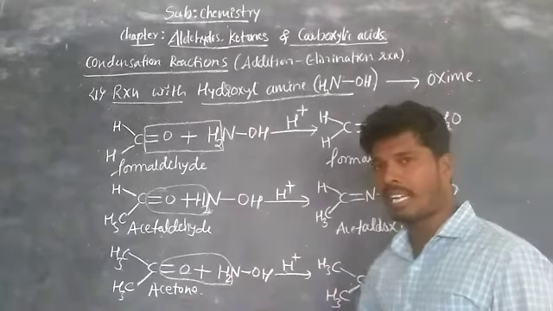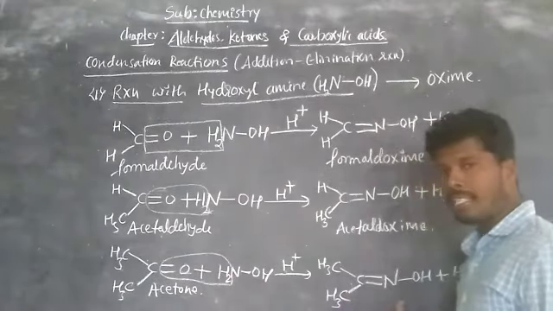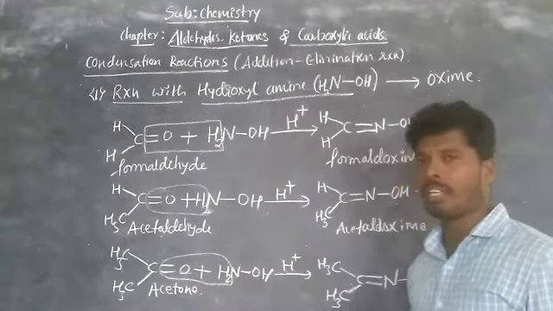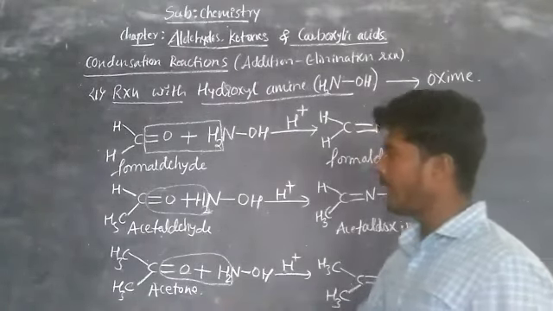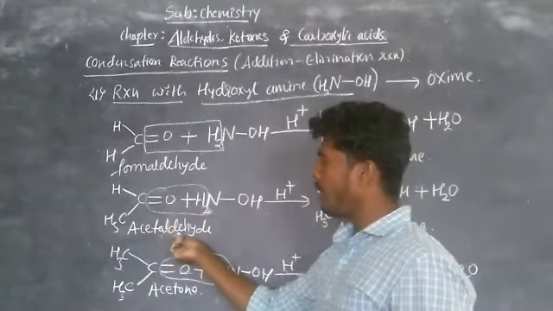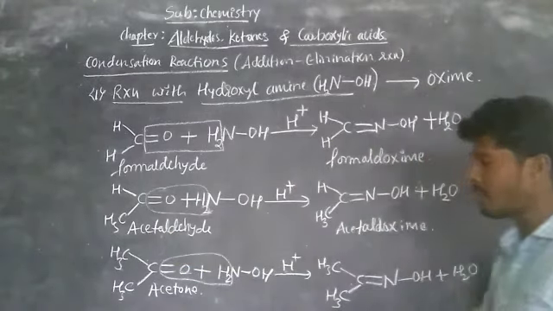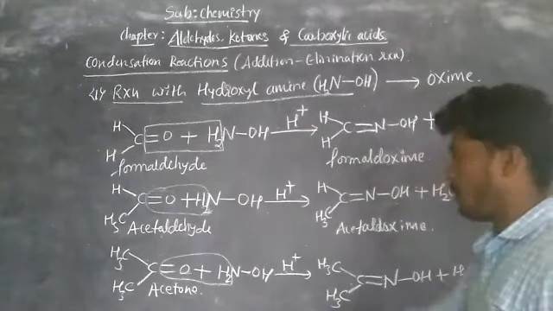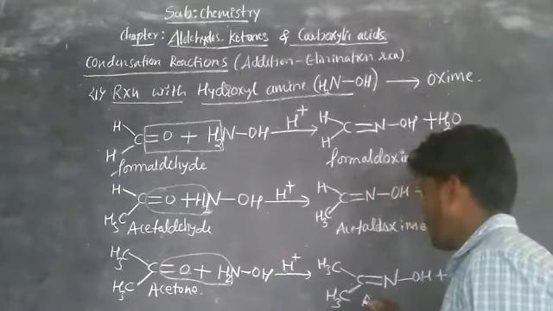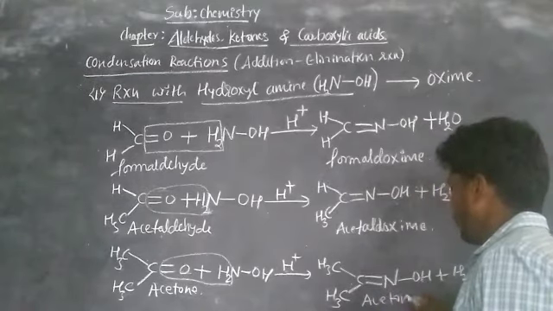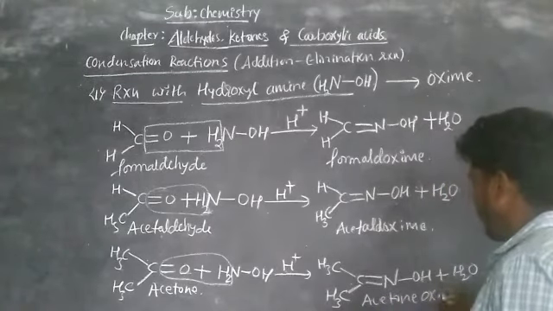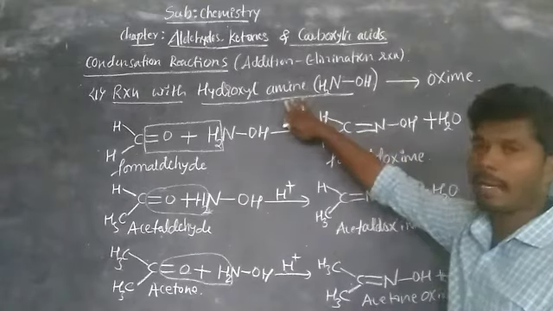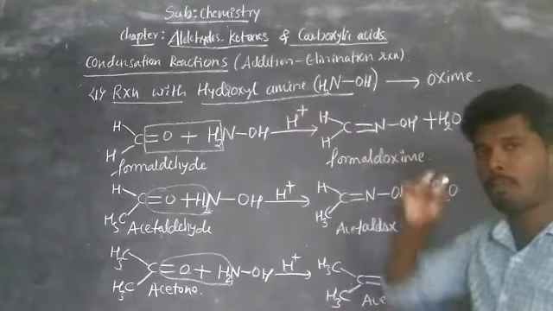Particularly we are taking acetone, so here acetone oxime. No need to remove anything from the ketone name, but in aldehyde we remove the remaining letters. Now acetone oxime, that is its name. Remember always, from hydroxyl amine you get oxime compounds.